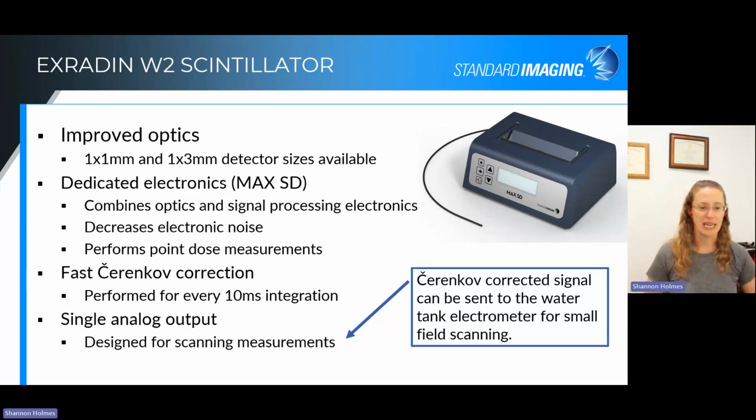So for small field scanning, you can use the 3D tank that you have. That tank would just treat the scintillator as if it's a diode. You don't apply bias to it, but you get a signal when it's being irradiated. And our dedicated electrometer, the Max SD, is essentially just a pass through for that signal.